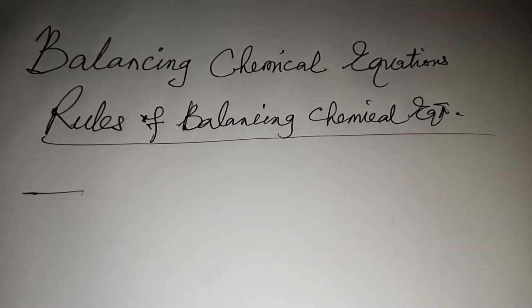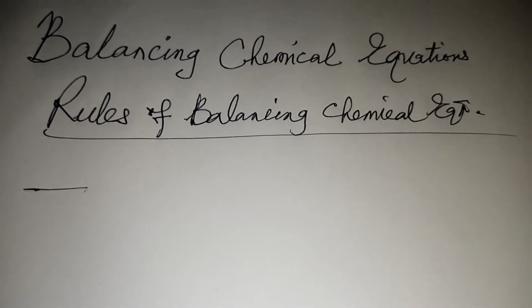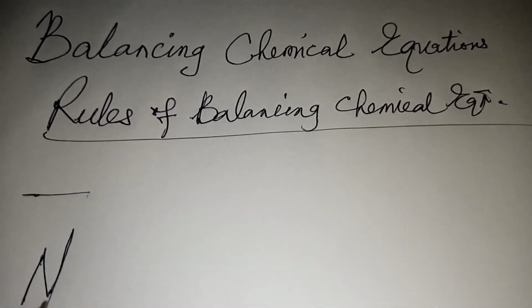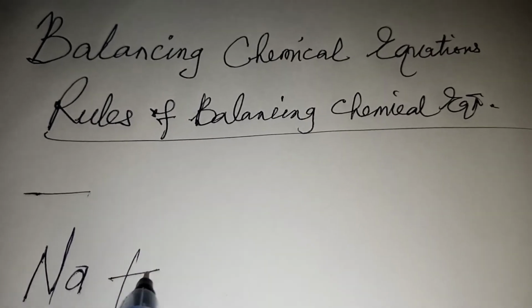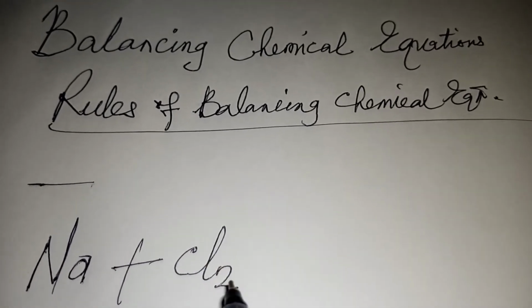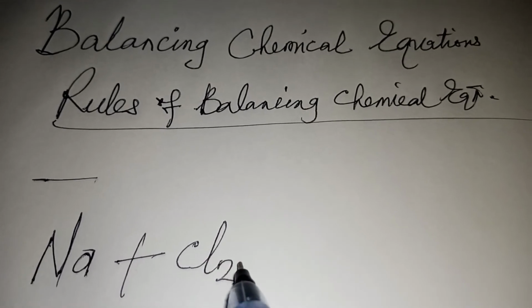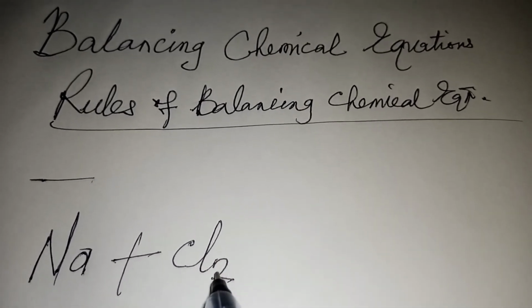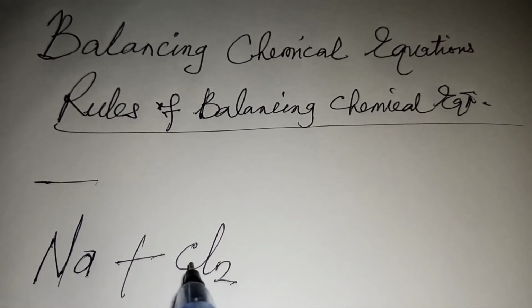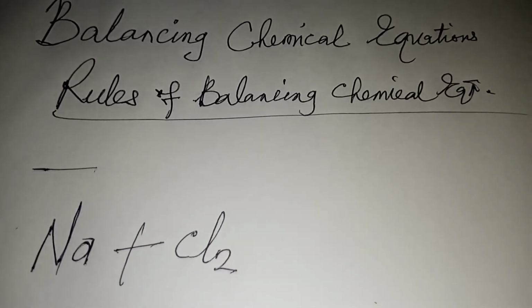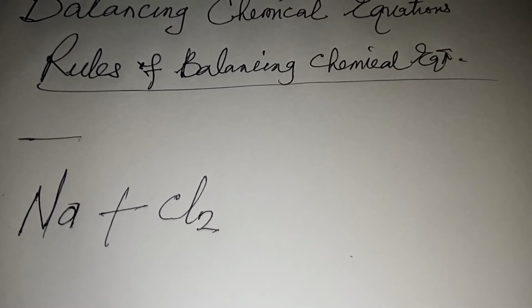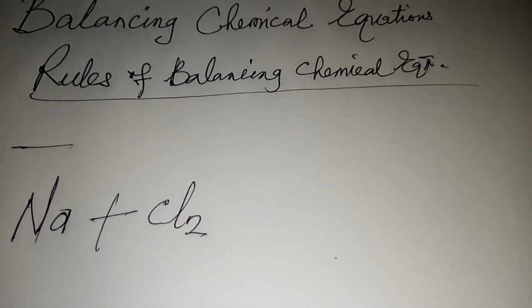Like if we have a subscript in a particular equation, let's say sodium is mixed up with chlorine, 2 atoms of chlorine, you can't change this subscript. Only what you can do to balance the equation is to add a big number in front of it. So that is one of the important rules you must take note of.